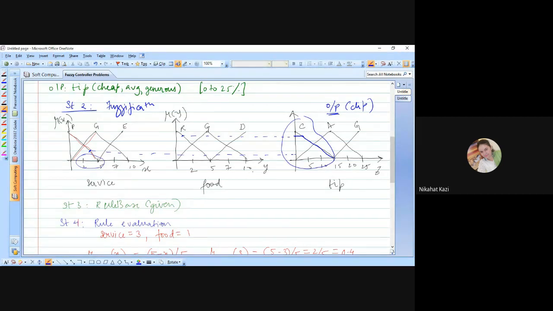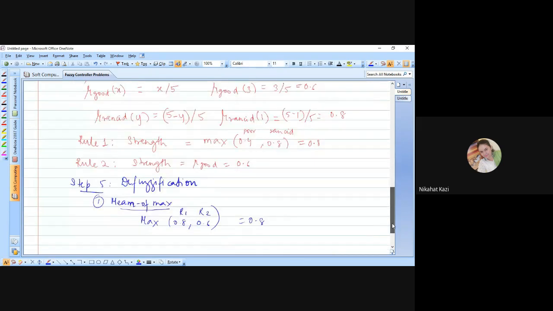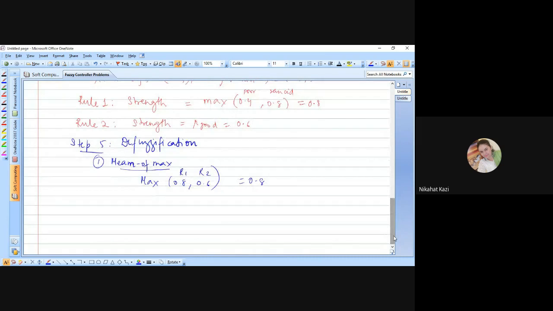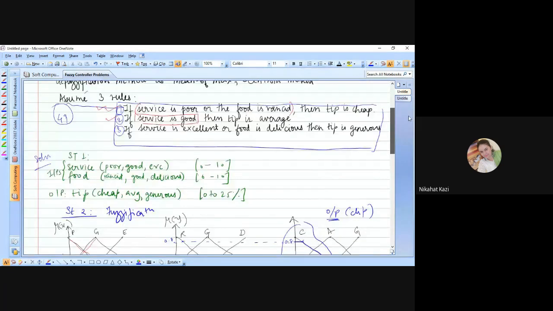Okay. So you have to put the value 0.8. This is 0.8, right? This 0.8 you have to put. This is 0.8. This is 0.4. This 0.8 you have to put in this equation, and you will get the defuzzified value. So 0.8, the equation of that line, decreasing slope.